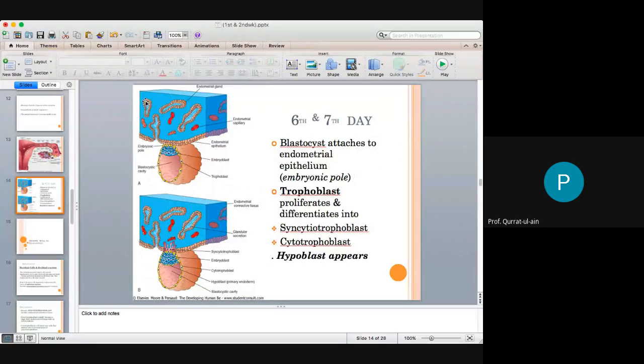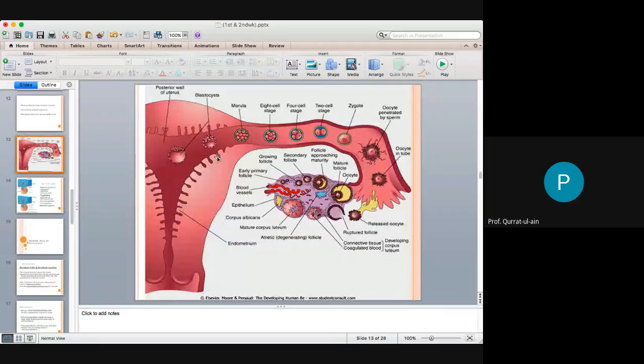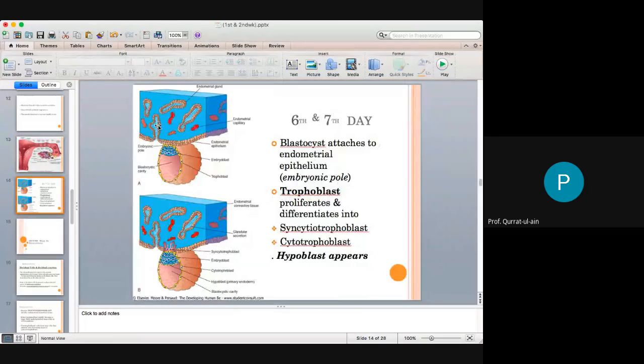This blue zone which is showing you here is the endometrium, but in pregnancy, after the first week, this endometrium shows changes. The endometrial cells proliferate and are laden with lipid. They swell up, and they are now known as decidual cells.